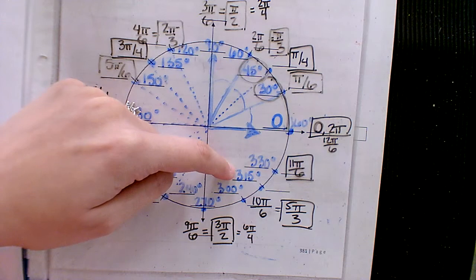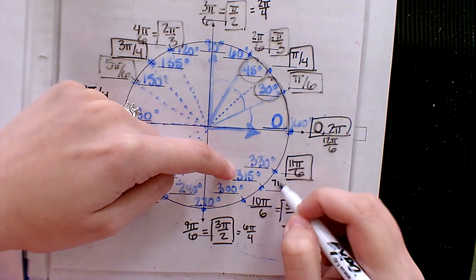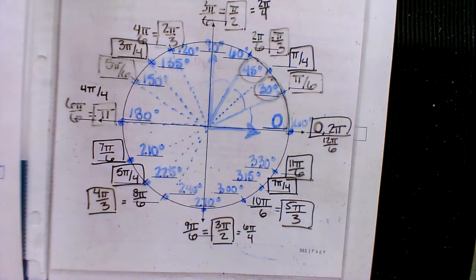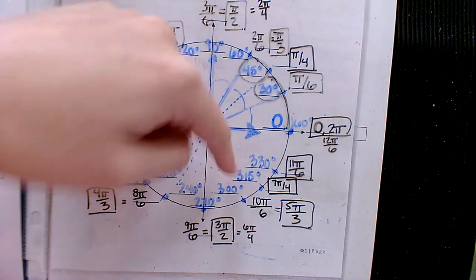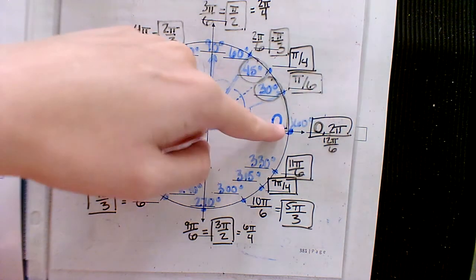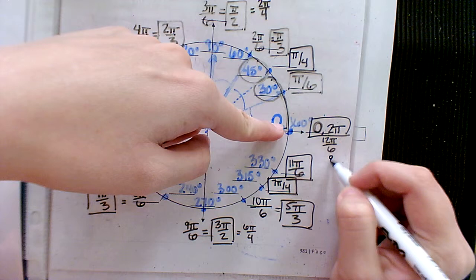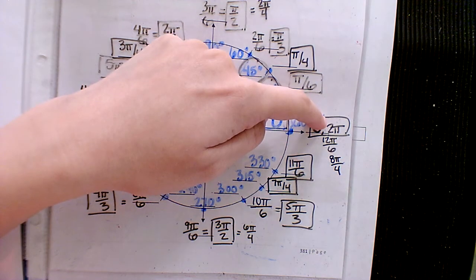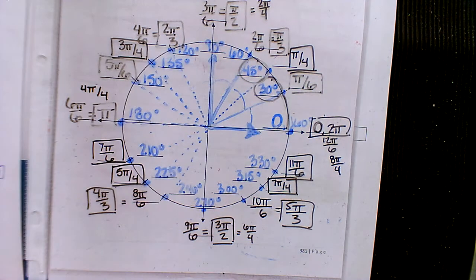Another 45, we're at 315, so another pi over 4 would be 7 pi over 4. And another 45 degrees would be at 360, so that would be 8 pi over 4, but isn't that the same as 2 pi? So it all checks out.